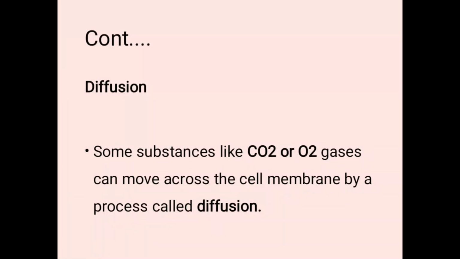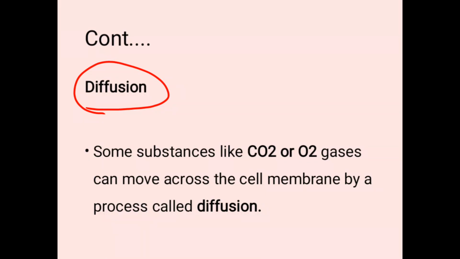With the help of this plasma membrane only, the diffusion process happens. What is meant by diffusion? Some substances move through the cell membrane, and that process is called diffusion.